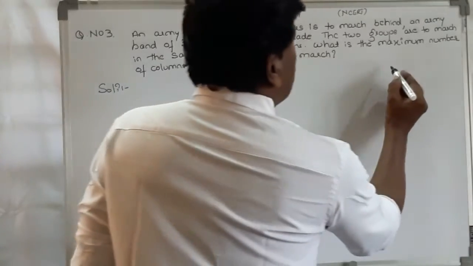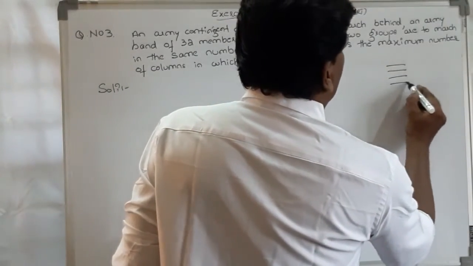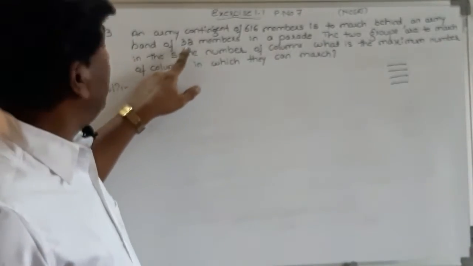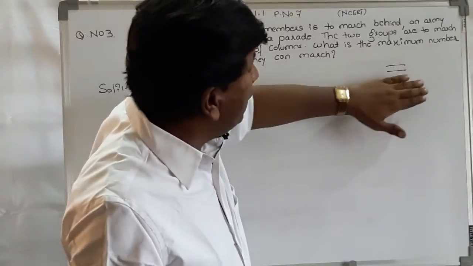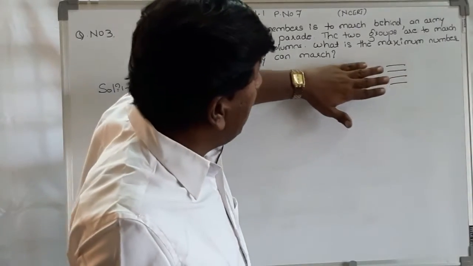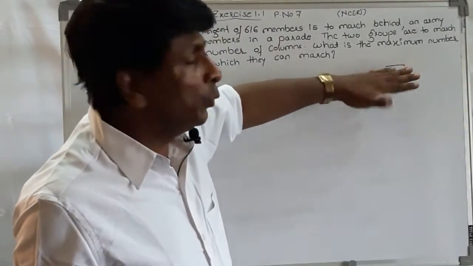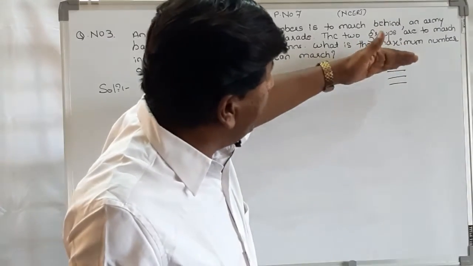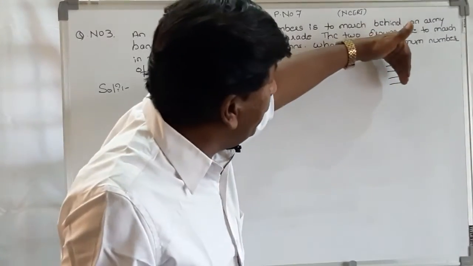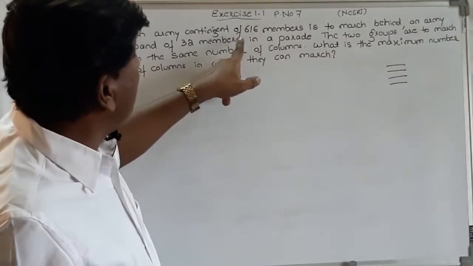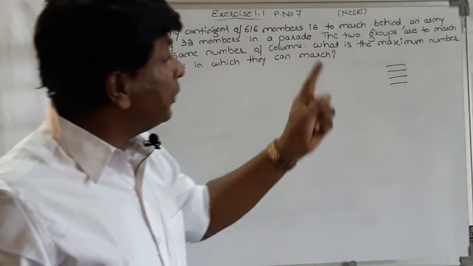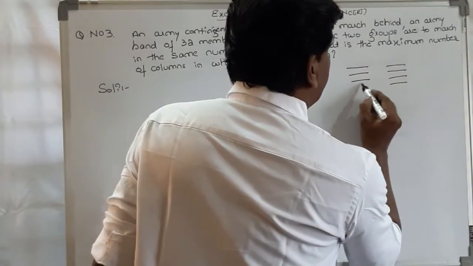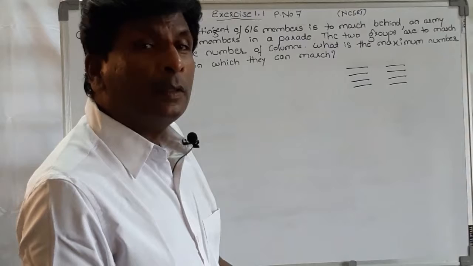Here first there is an army band of 32 members. They have to go in columns. How many members in every column is not important here. Following this band, 616 members have to march behind, also in columns.